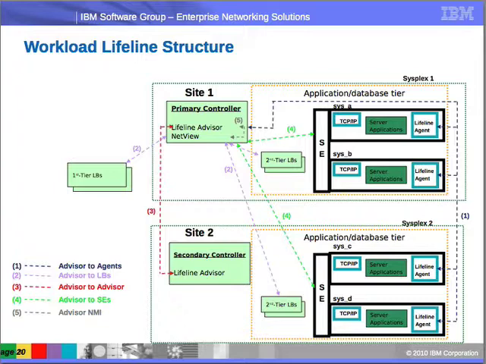Suppose site 1 is the active site for the workload. Then the Lifeline advisor will tell the first tier load balancer that any transactions or connections for this workload need to be directed to site 1. And it will actually direct them to the second tier load balancer.